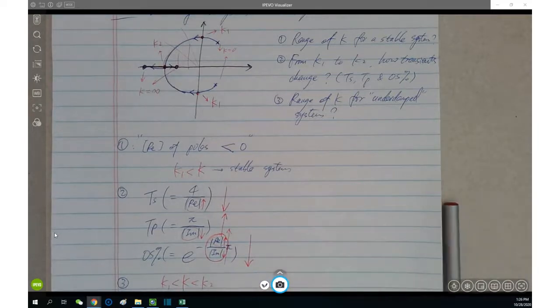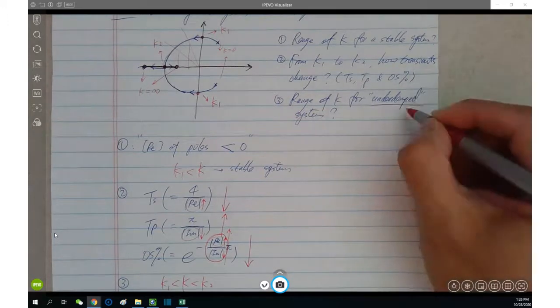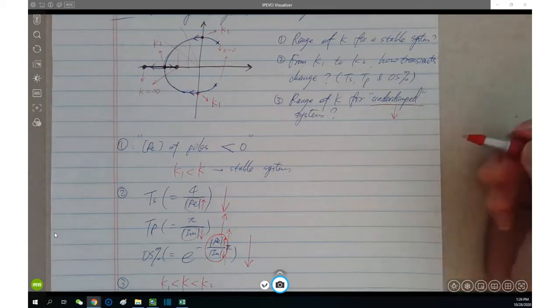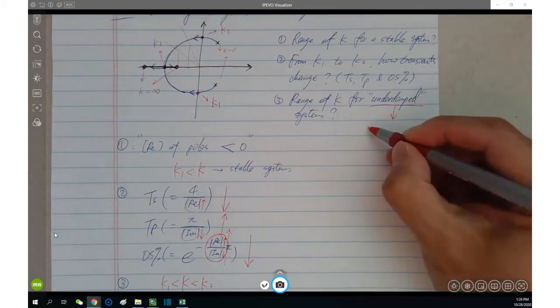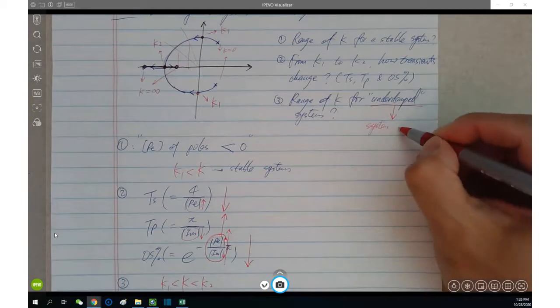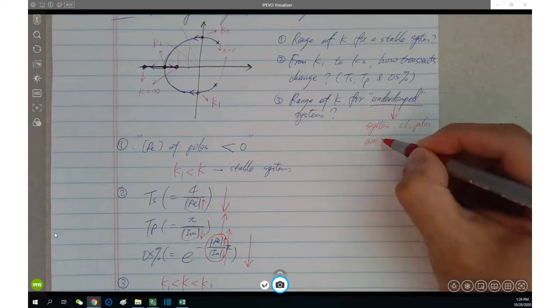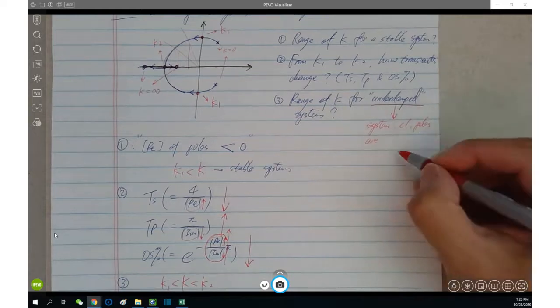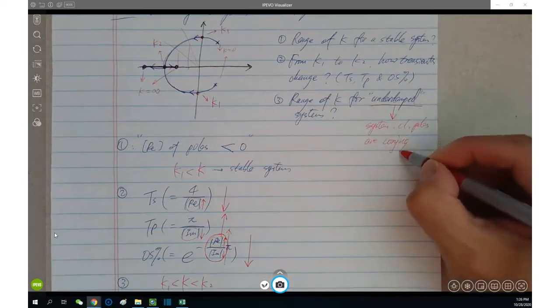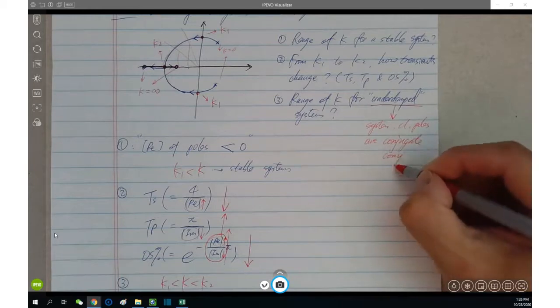And Sawyer mentioned K just equals K1. Well, no. First, you need to understand what underdamped means, right? Underdamped means the closed loop poles are conjugate complex poles.